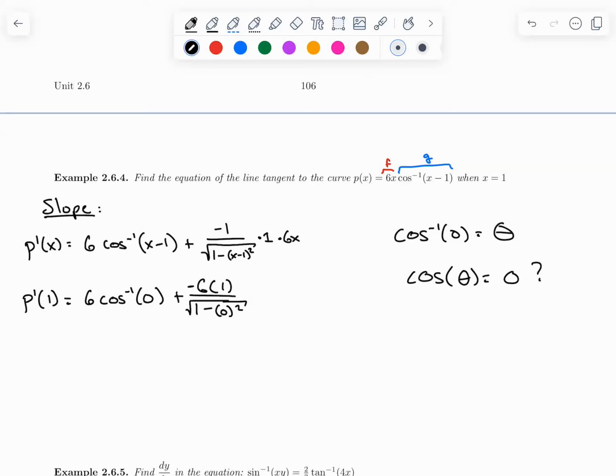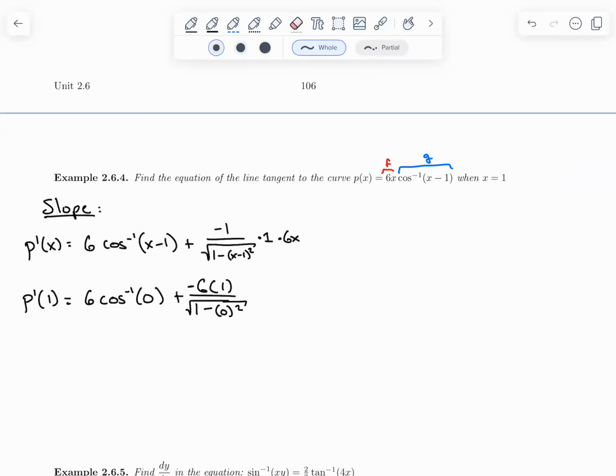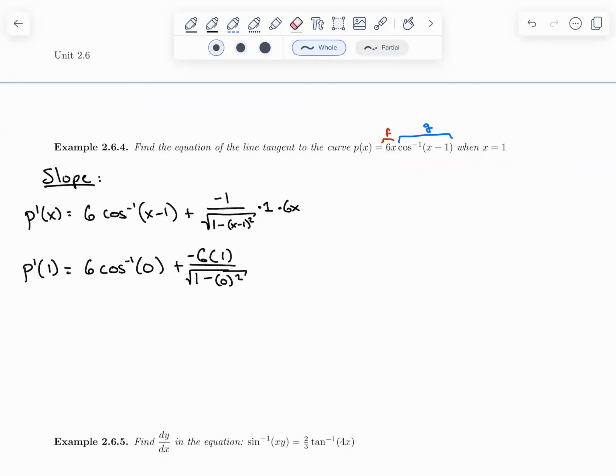And the other thing you've got to remember is that cosine inverse is defined from 0 to pi. So the answer should not be 0, because that's when sine is equal to 0. It's pi over 2. You also have a calculator, by the way. So this is pi over 2.